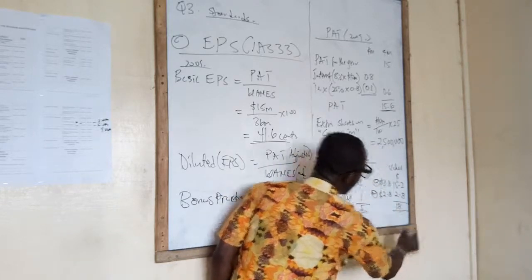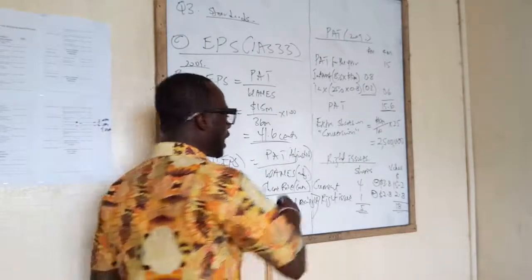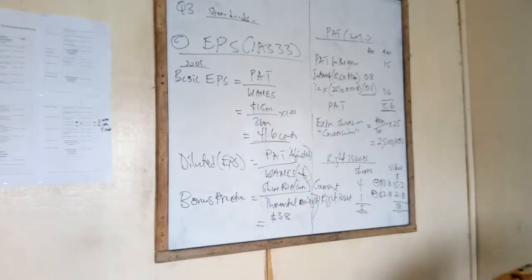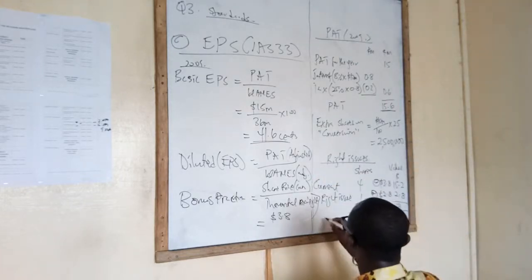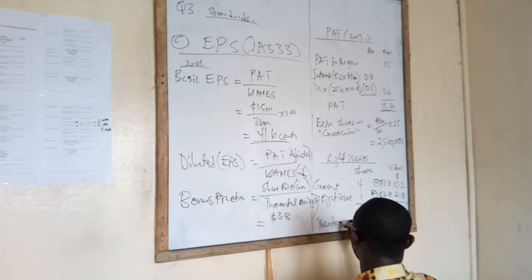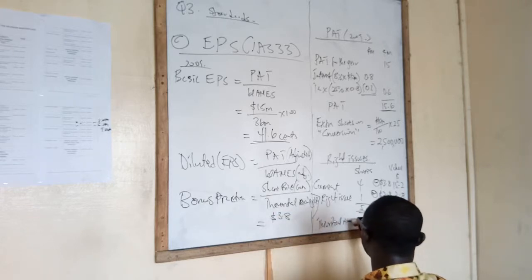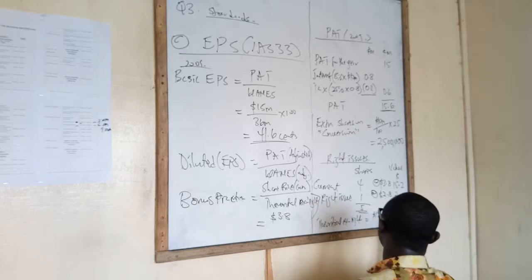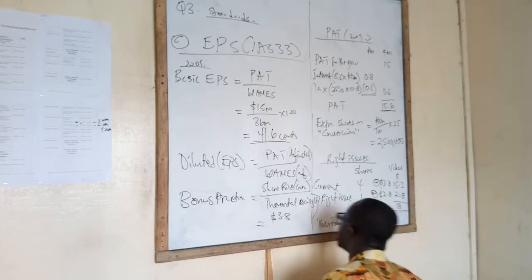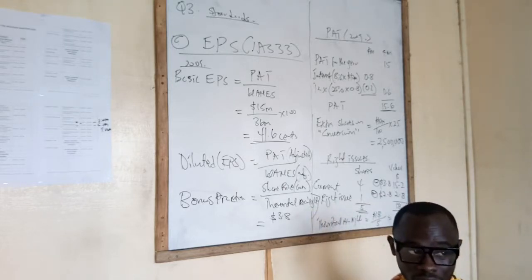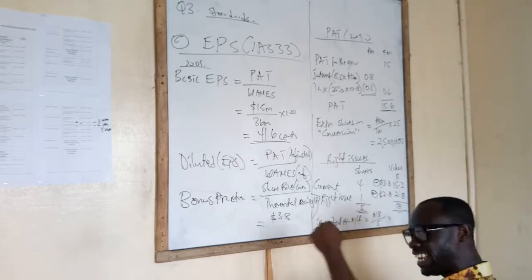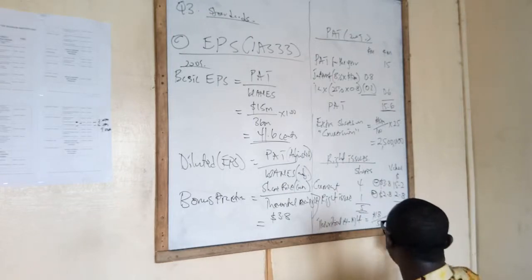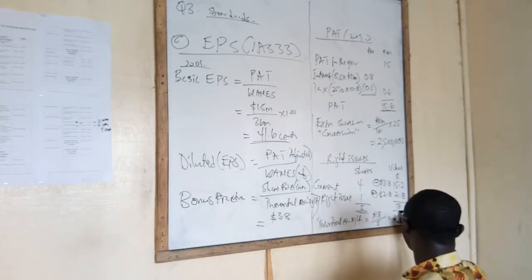So in total, what we got? 5 here, 18 here. So we can now calculate our theoretical ex-right price. What is another name for the theoretical ex-right price? The new market value. Are you getting it? Which is in our book, so not on the stock exchange market. 3.6.